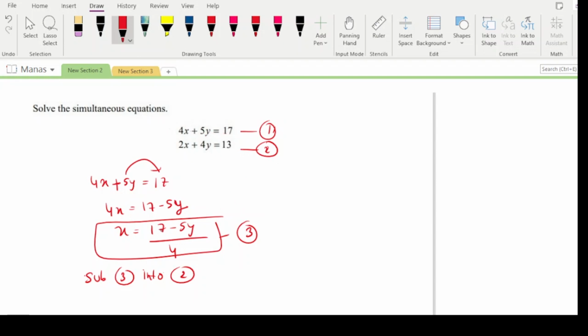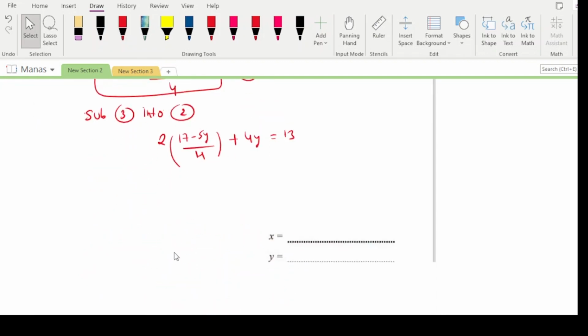So always remember that if you get the value of x from the first, you need to substitute third into second. Now if I substitute this into the second, it is 2, and in place of x I will write this value: bracket 17 minus 5y upon 4 bracket close, plus 4y equals 13.